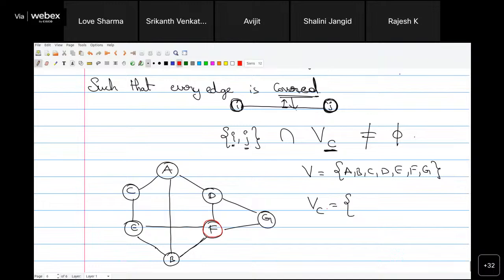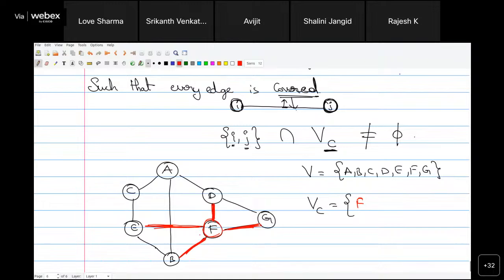So I will add this vertex F into my vertex cover. Once I add F, the edge FD is covered. At least one of the endpoints of the edge should be there. F is there, so this edge is covered, this edge is covered, this edge is covered, and this edge is covered. So I covered 4 edges by taking only one vertex.